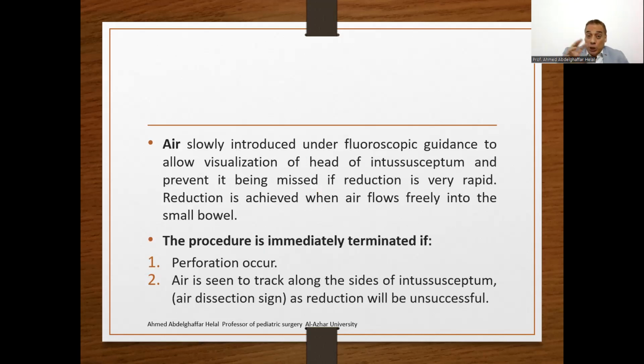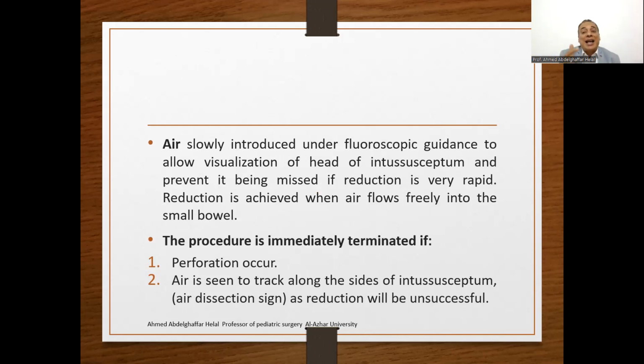Air is slowly introduced under fluoroscopic guidance to allow visualization of the head of the intussusception and prevent it being missed if the reduction is going very rapidly. Reduction is achieved when the air flows freely into the small bowel. The procedure is immediately terminated if perforation happens.